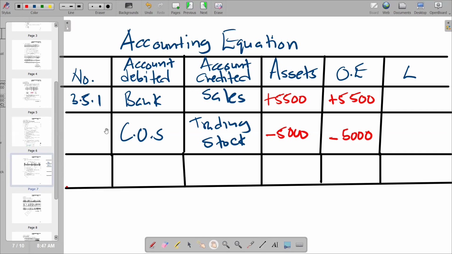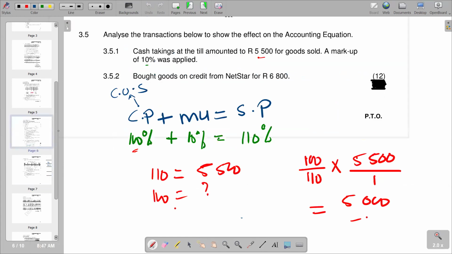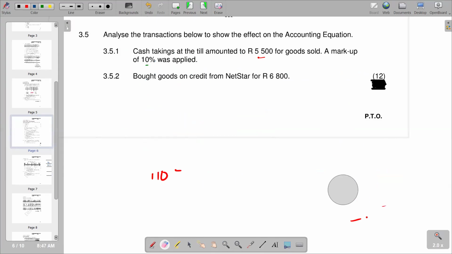So going back to our transaction, we are going to see that the second transaction is 3.5.2. So maybe we can create some space. On 3.5.2, it reads goods bought on credit from Netstar for 6,800.